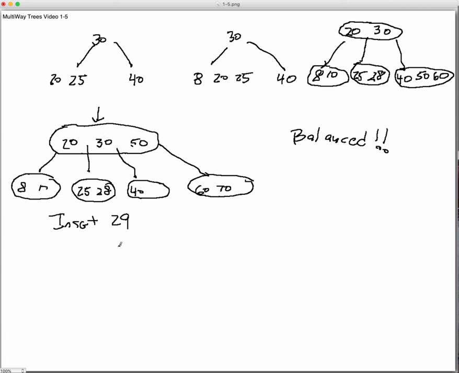So I've got to go ahead and fill it up, or split it. So I'm going to come over here, and I'm going to get a 30. And let's see, to the left of the 30, I am going to have 20. And to the right of 30, I'm going to have 50.